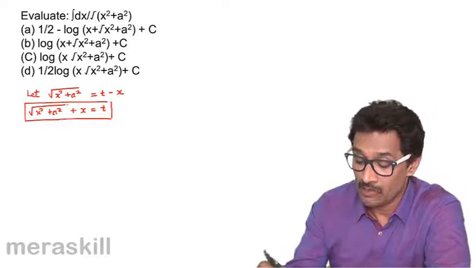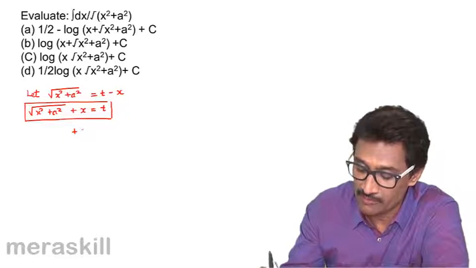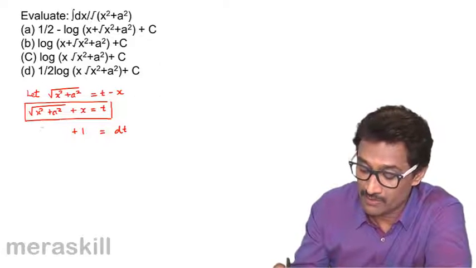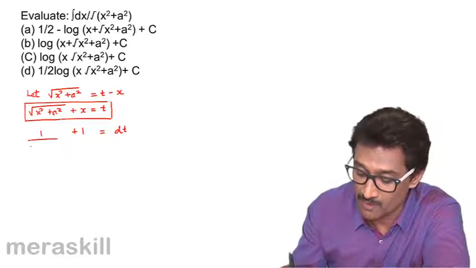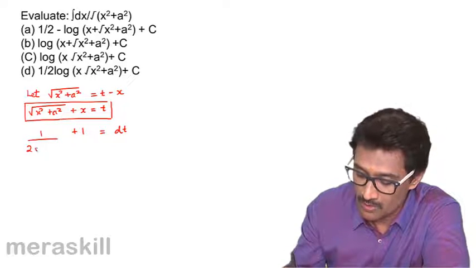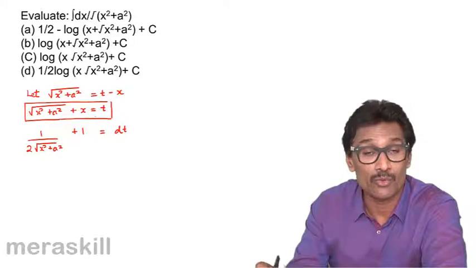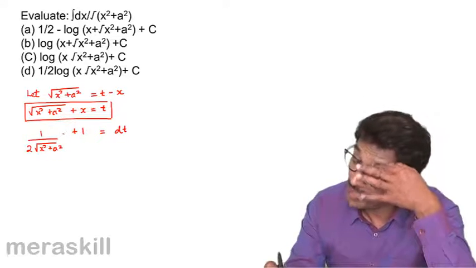Now we take the derivative on both sides. So we get the derivative of x is 1, this is dt. Derivative of this, if you remember, we first take the derivative of x square plus a square raised to half, which is half into x square plus a square raised to half minus 1.